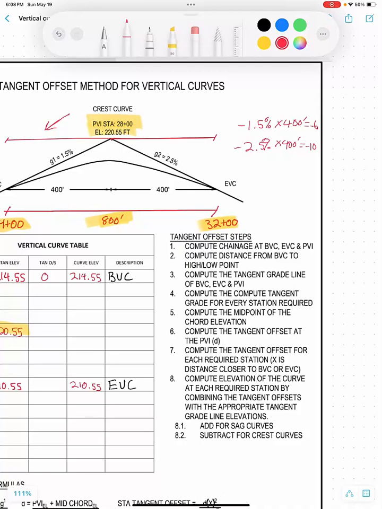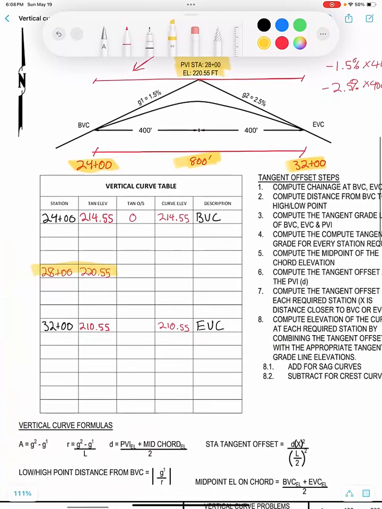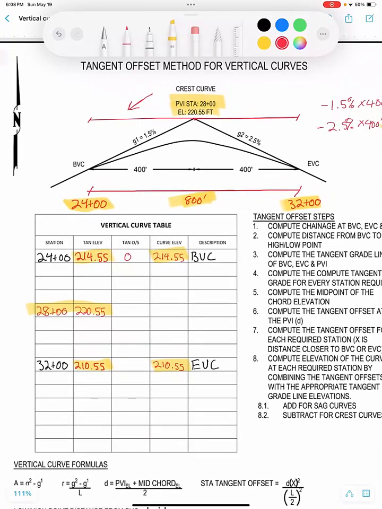Now all we do is add those numbers to the one they gave us, and that's how we get that guy and that guy, and also that guy and that guy. One thing to note here is that right at those tangent points, the curve elevation and the tangent elevation are the same, there's no difference.